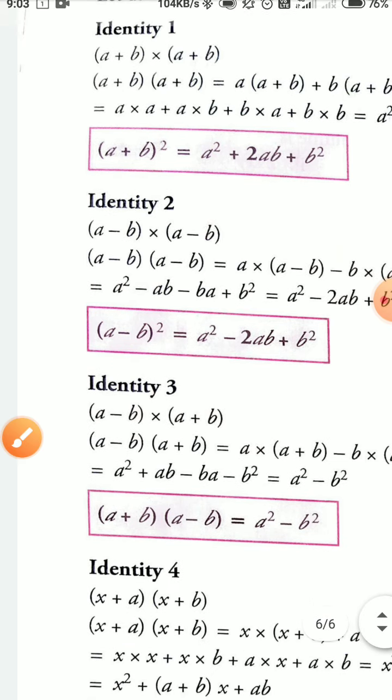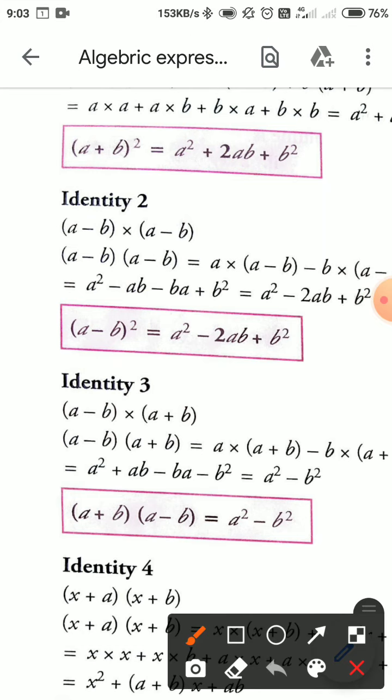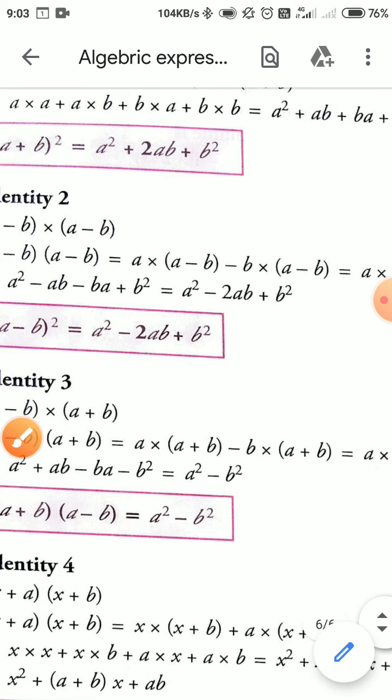If you multiply this a minus b with a minus b, you will first multiply this a with a minus b, and then you will multiply this minus b with a minus b. What you will get is a into a minus b, that is a square minus ab. If you multiply this minus b with a minus b, what you will get is minus ba, and this minus b into minus b will become plus b square.